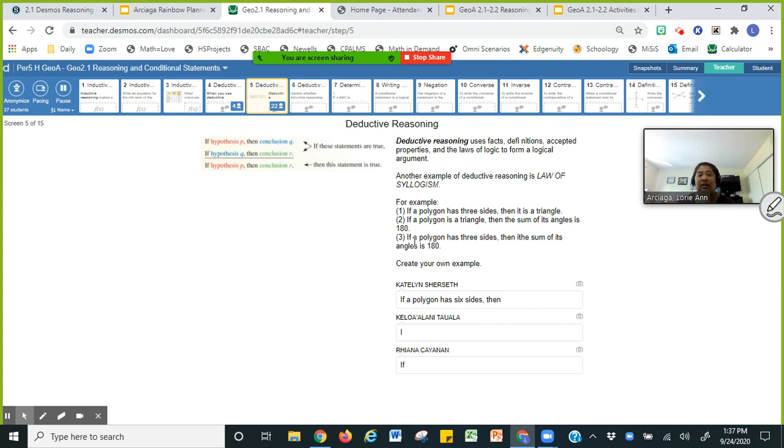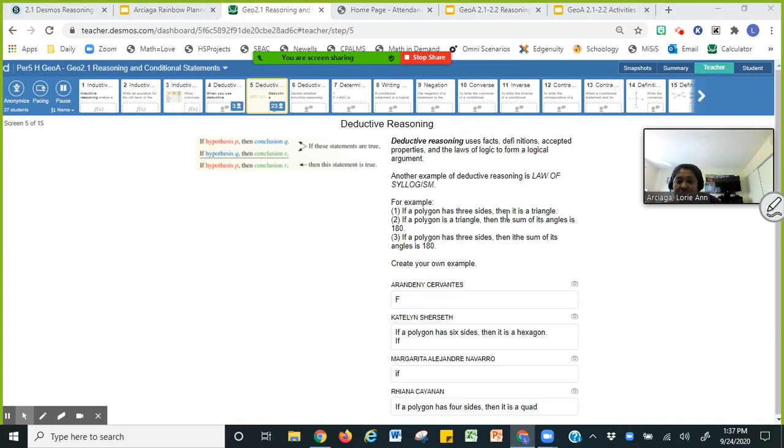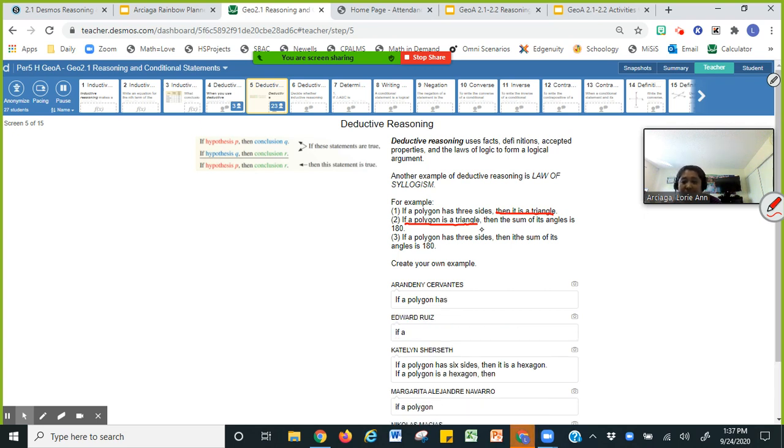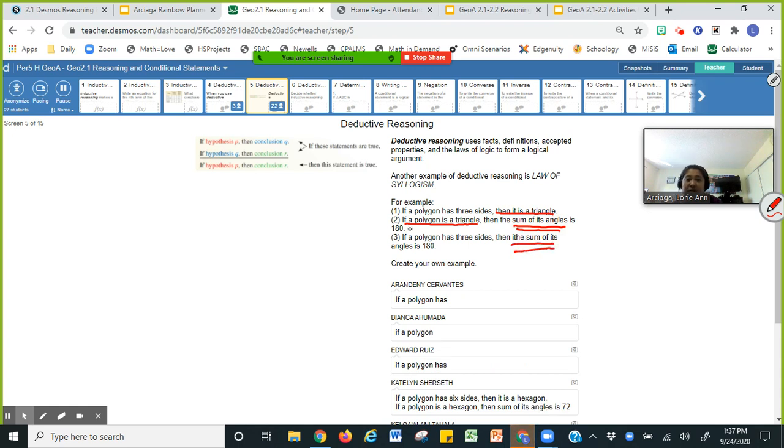And then you're going to follow it up with another if-then statement by now using the conclusion part. So you see here, this is the conclusion, and then they repeated using that in the second if-then. And in this one, the sum of its angles will actually repeat over here, right? And in the first part, the circle one, there you go.